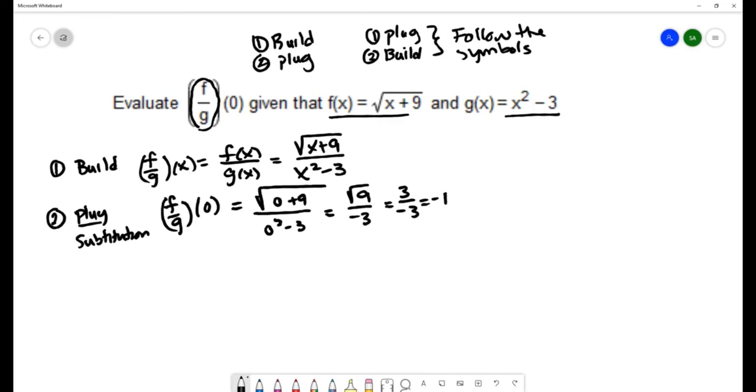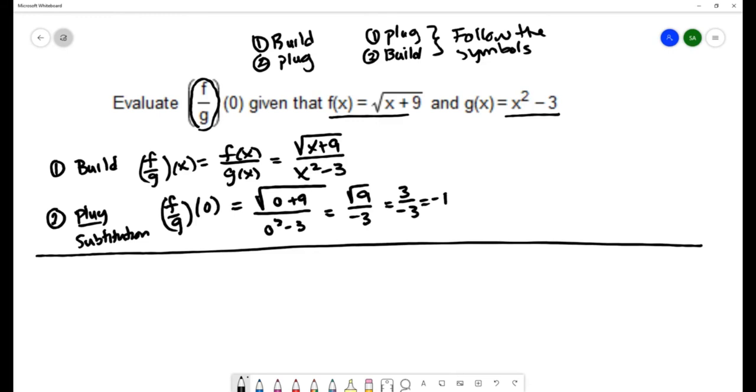So that's the first way. So the second way to do it is to plug, then build. So let me describe exactly what that means. We have f over g of 0.